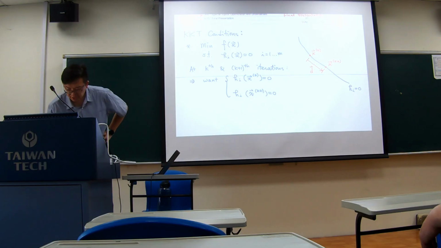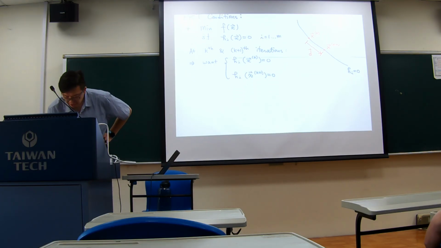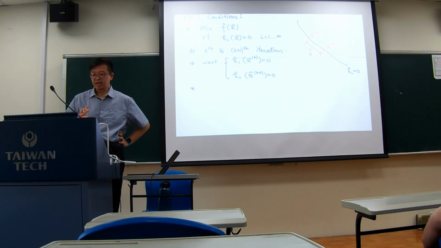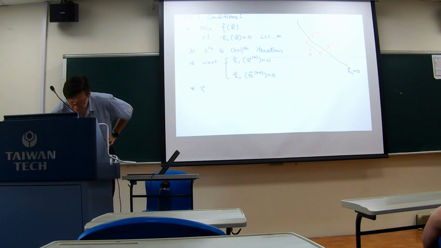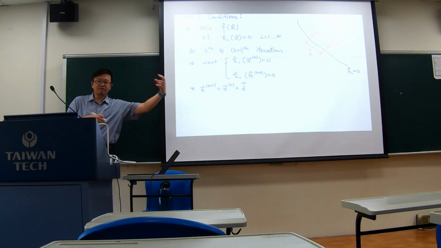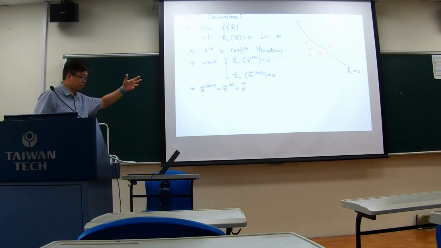If that's the case, then you can describe the relationship between x_{k+1} and x_k. Basically, x_{k+1} equals the previous design point plus some movement d, right?